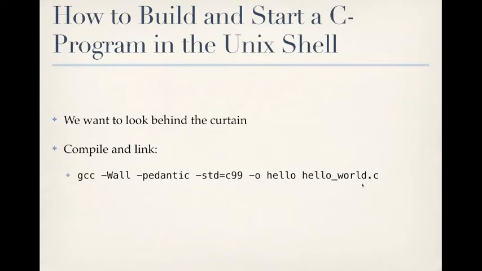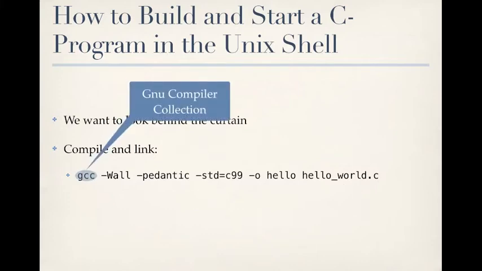Oh wow. So maybe have a small look into the different parts of that command. First of all, the gcc is the command. It stands for GNU Compiler Collection. This means that there is not only a C compiler, but there are some other compilers in it.